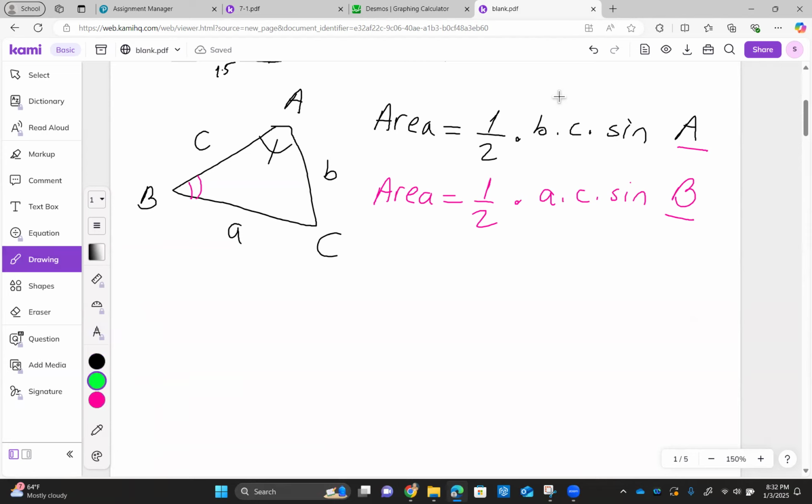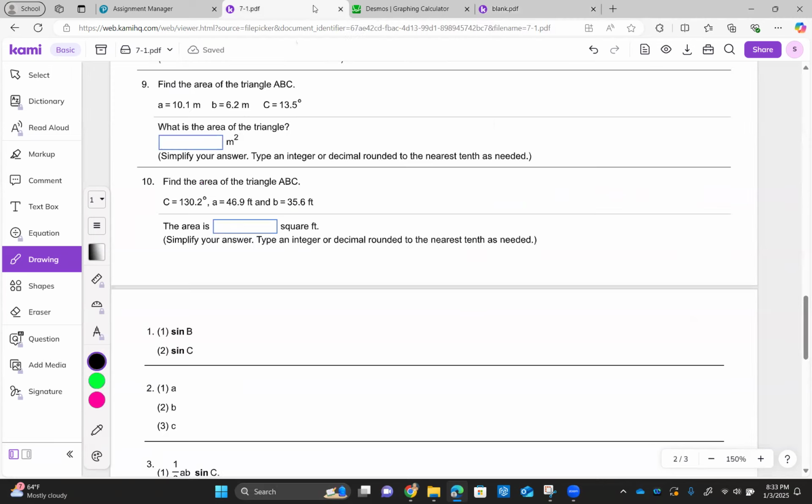Finally, let's say you have the information for angle C. You can also calculate the area, copying the 1/2. For angle C, the sides we need are A and B, and then we multiply by the sine of angle C. These are the 3 formulas we can use to calculate the area of triangles.